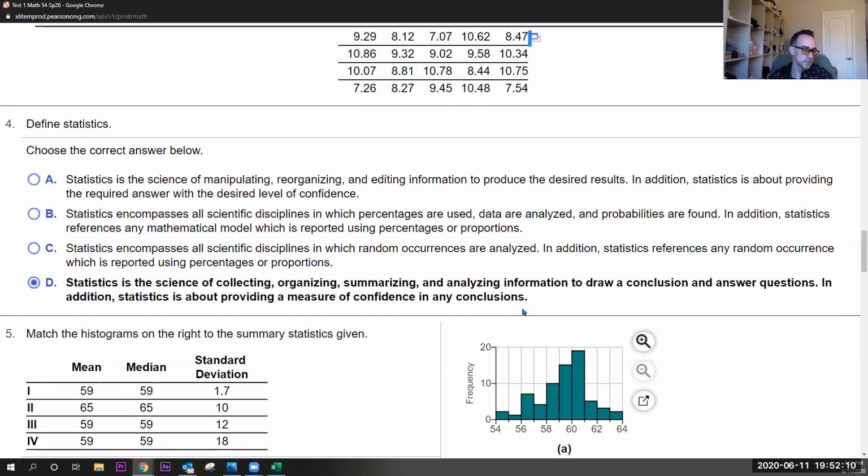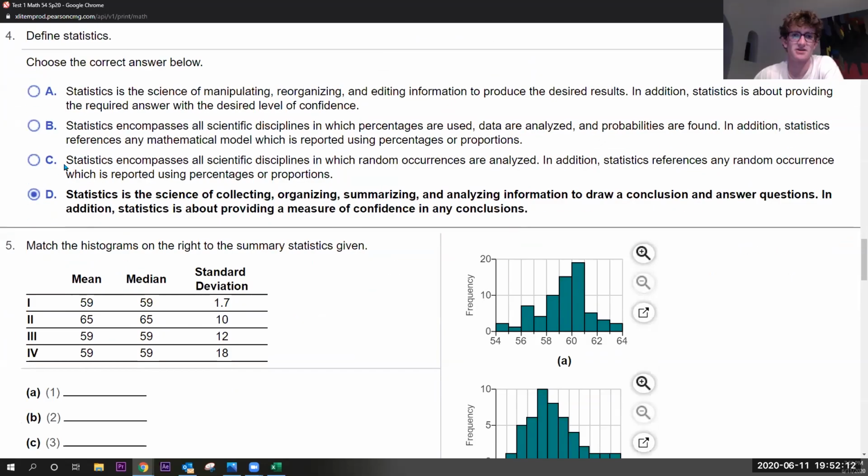So that's like a definition of statistics. Option C says statistics encompasses all scientific disciplines in which random occurrences are analyzed. In addition, statistics references any random occurrence which is reported using percentages or proportions. The A through C kind of seem okay, but D is more comprehensive.